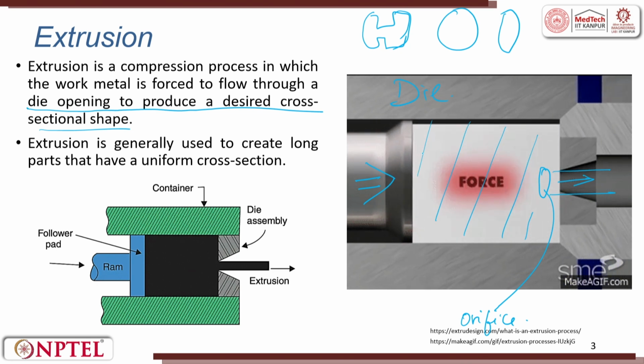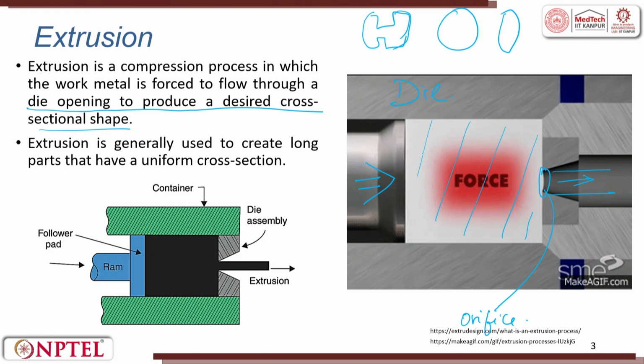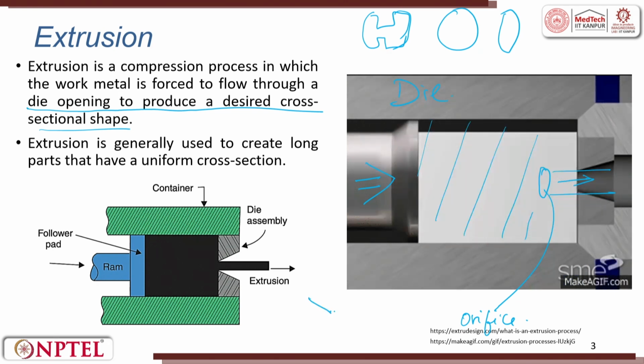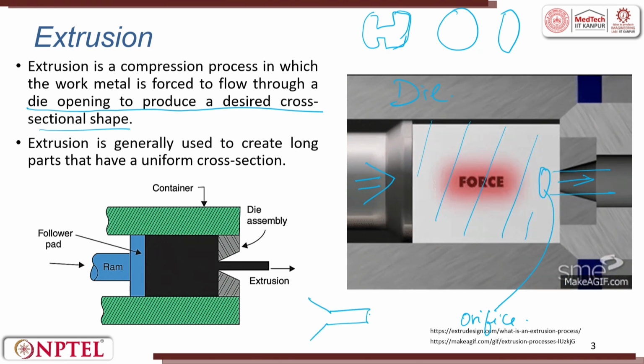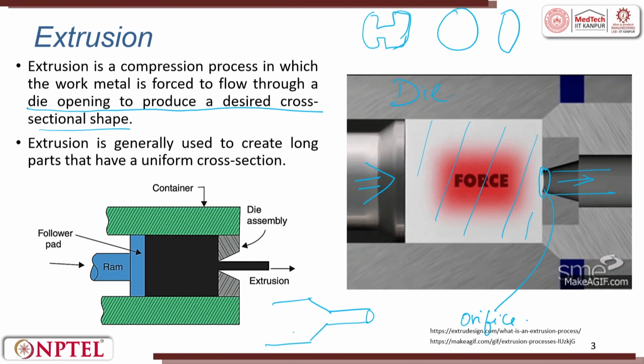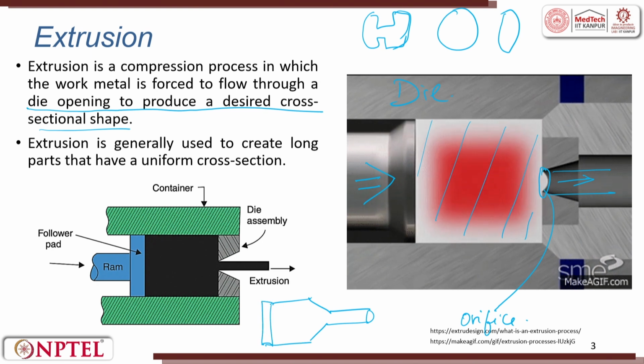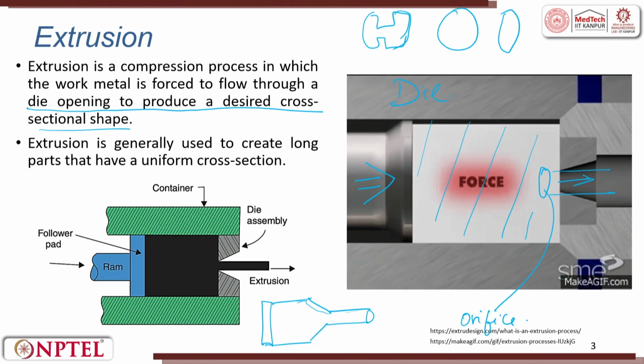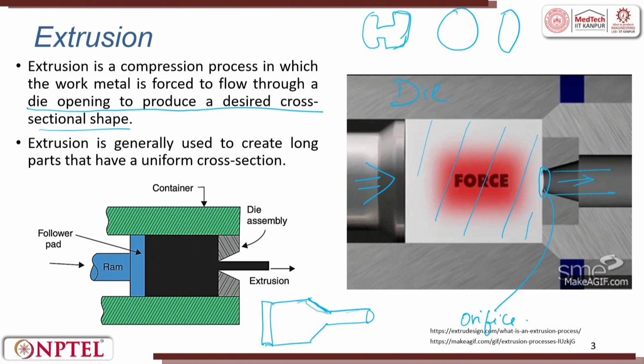Friends, you should also keep in mind, as I told you with the analogy of the toothpaste and the ointment, there is a dead end, the orifice, and this is a tube. Here the material will start flowing. There is always a taper given here.